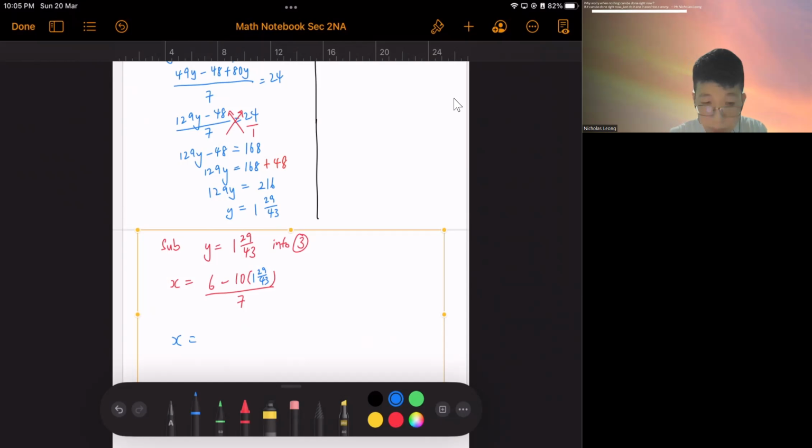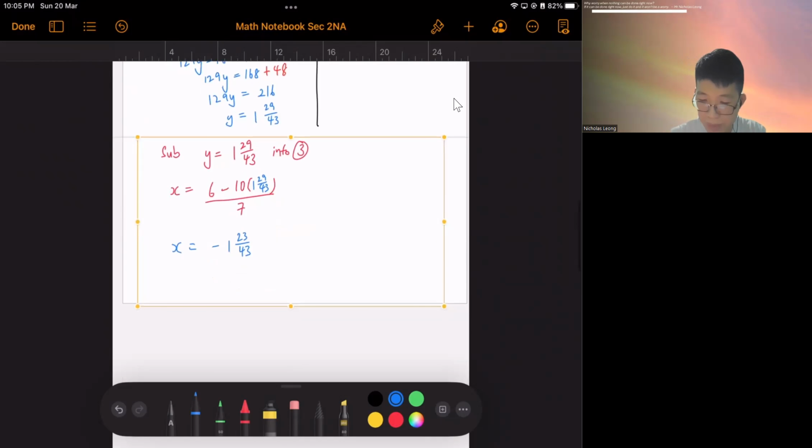So this will give me negative 1 whole and 23 over 43. So this is my value of x. So my x equals negative 1 whole 23 over 43, and my y is 1 whole 29 over 43. This one is my final answer.